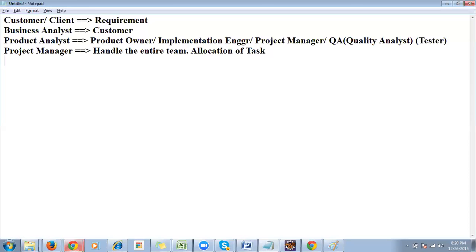Next, we have the dev manager. What will he do? What is the difference between the project manager and the dev manager? Both are a little bit similar, but the dev manager will be involved in the development activity alone.